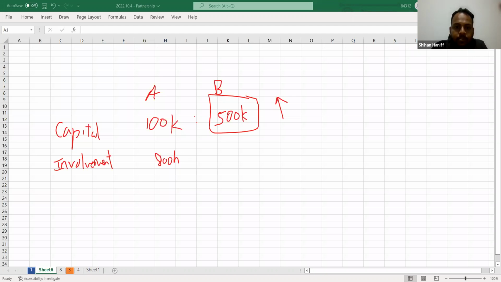Okay, that's right. Partner A contribution 800 hours a month. Let's say partner B contribute only 20 hours a month. He just come and have a visit and participate for the board meetings, right?